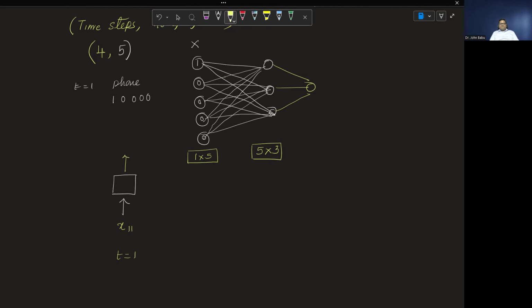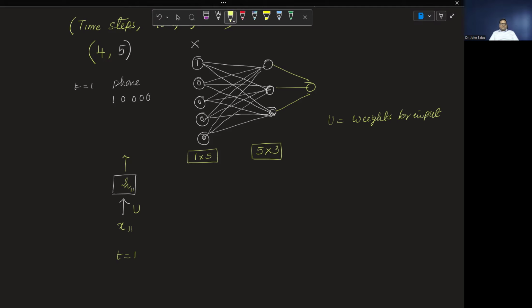That weight matrix we call U. What is U here? Weights for input. Then, once we do that, I will get my hidden layer, H.